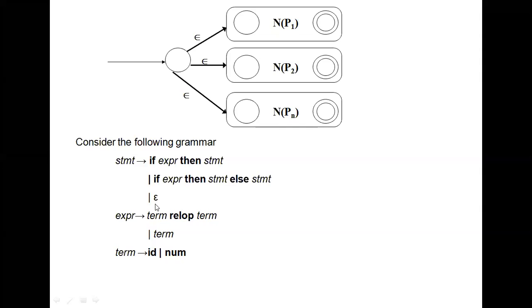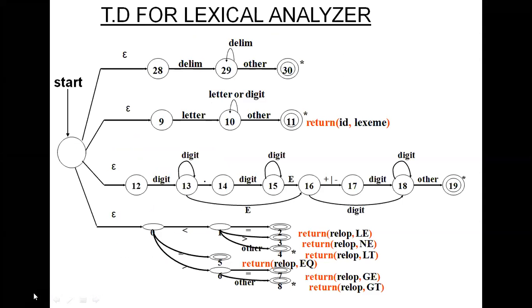For this grammar, this is how we are constructing the NFA. See, this is pattern 1 for delimiters, this is pattern 2 for the identifiers, this is pattern 3 for the unsigned identifiers, this is pattern 4 for the relational operators.